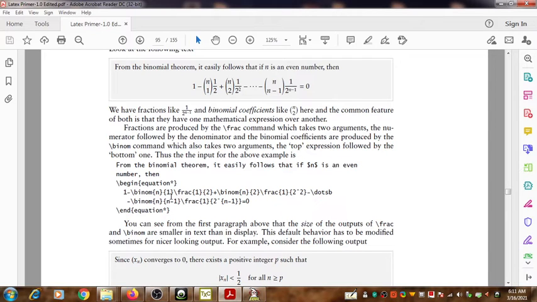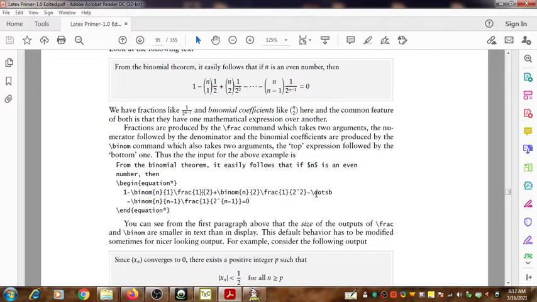Then \frac, then 1 in the first bracket and 2 in the second, plus \binom, then n in the first bracket and 2 in the second, again \frac, because this fraction must be typed. So \frac, then 1 in the first bracket and 2 cap 2 in the second bracket.